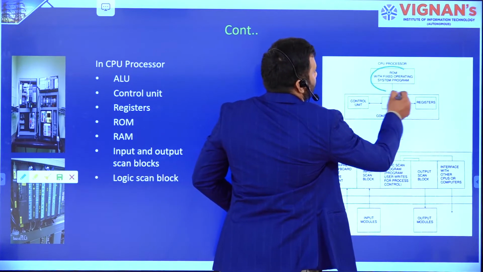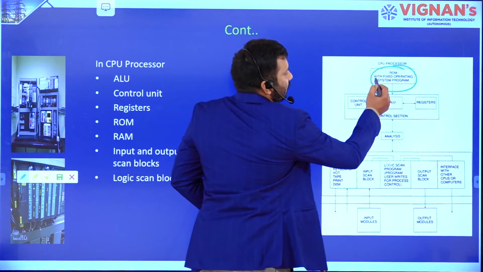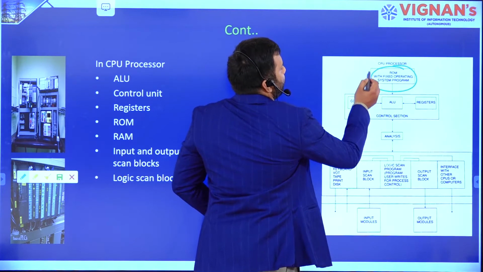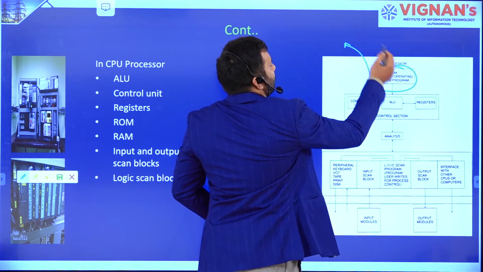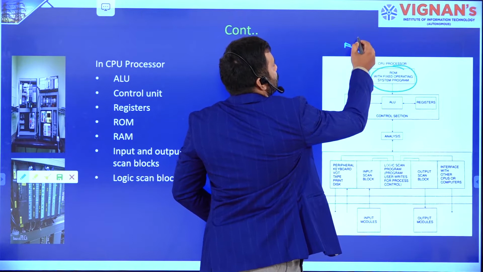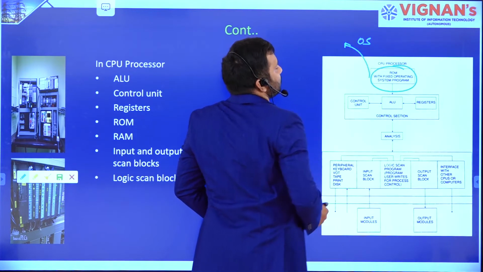What is this one? This is the ROM, with a fixed operating system program. Previously I also said ROM is only used to store the operating system programs.